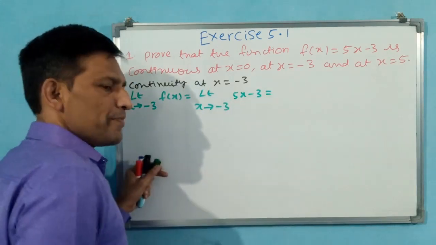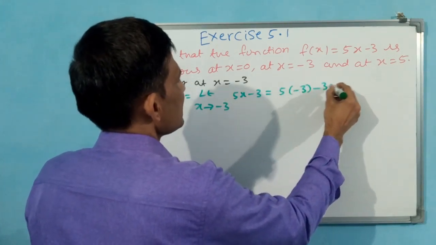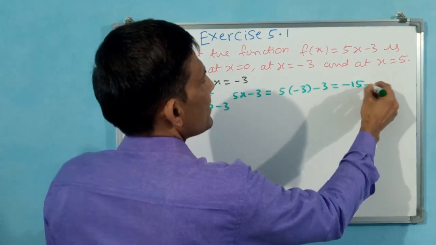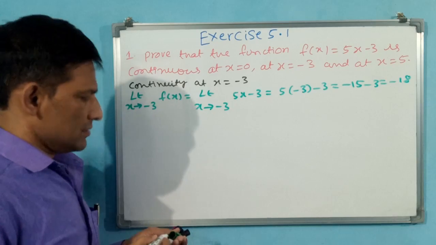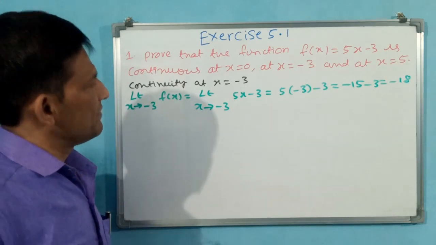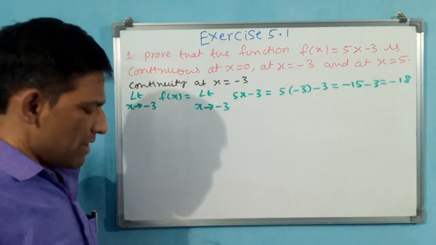That is equal to, you apply the limit, 5 into minus 3 minus 3, minus 15 minus 3, that is equal to minus 18. Is it correct? Minus 3 means minus 15. Yes. Minus 15 minus 3 is minus 18. Okay. Minus 18 has come.